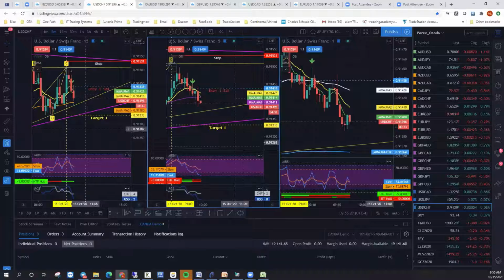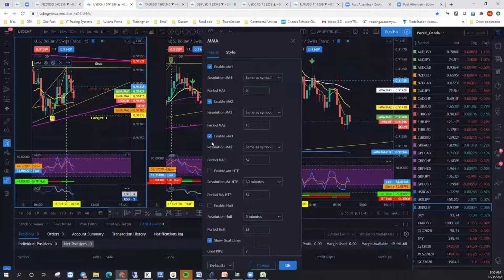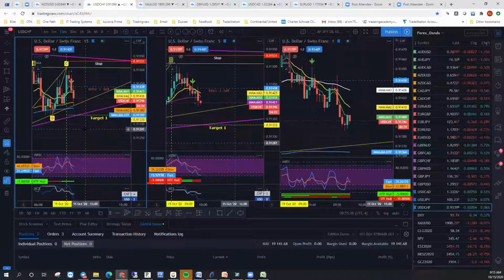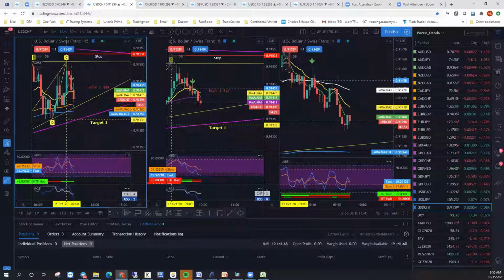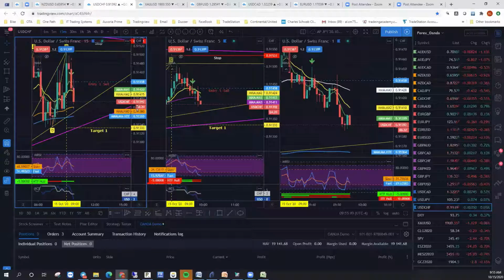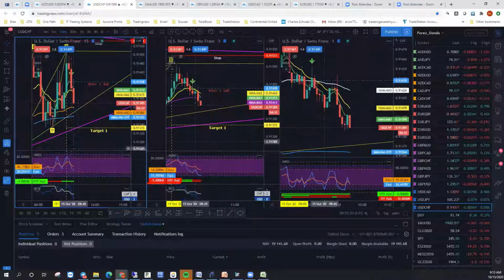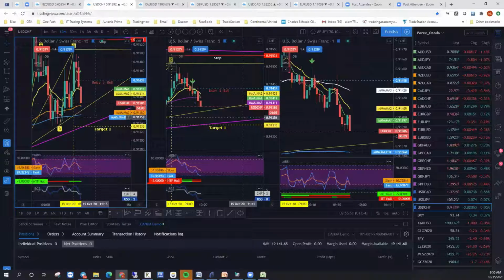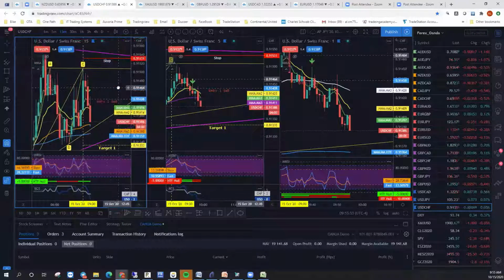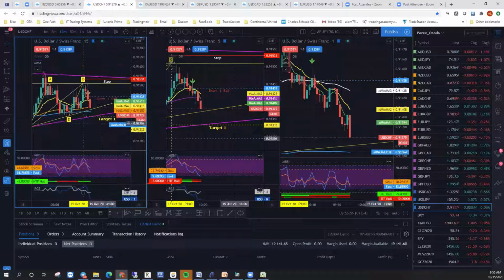So it's just stacking right against you. This is still the overall alert from the original alert.